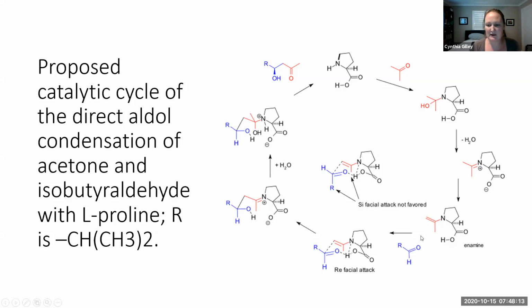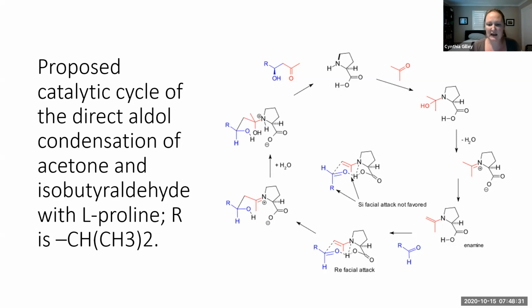to the enamine intermediate. The enamine intermediate will then have its carboxylic acid coordinate and hydrogen bond to the lone pair of the oxygen of the aldehyde, which is used as the electrophile in this reaction.